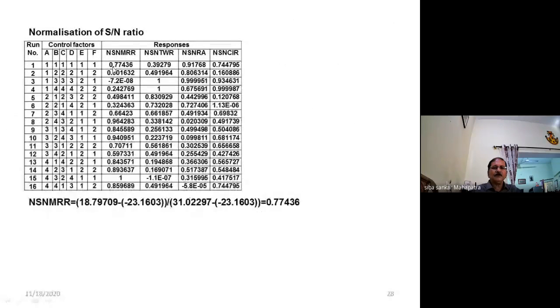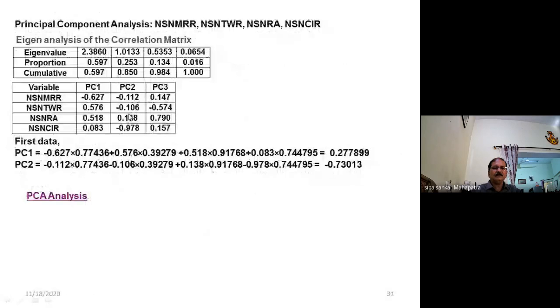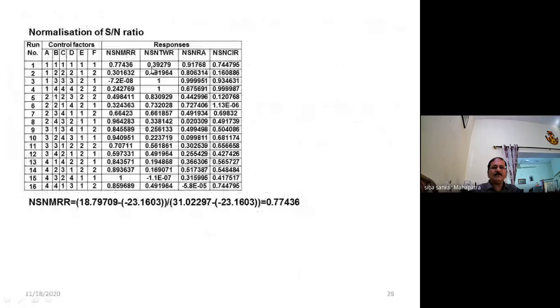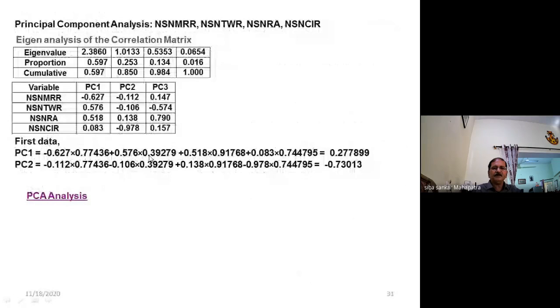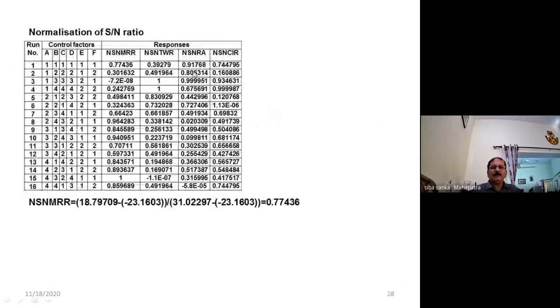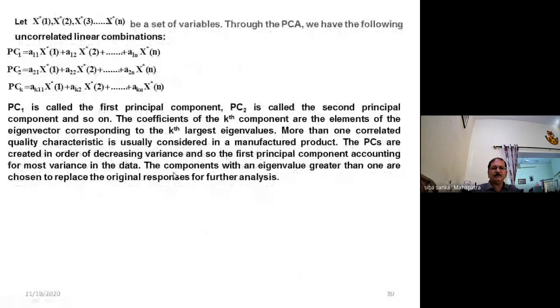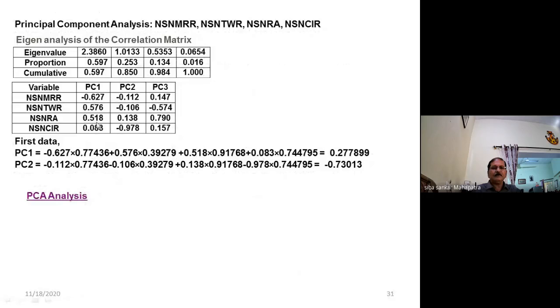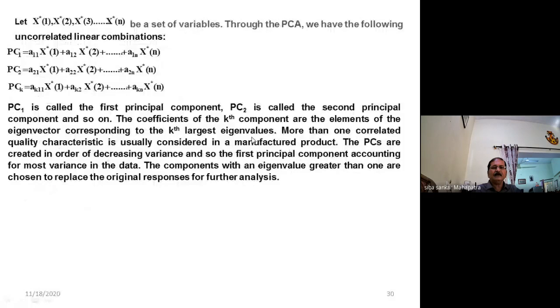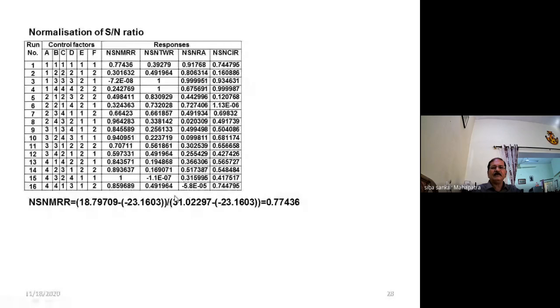So the first one is 0.77436. So for the first principal component PC1, for the first data, 0.627 multiplied by 0.77436, plus 0.576 multiplied by 0.39279, then 0.518 multiplied by 0.91768, then 0.083 multiplied by 0.74499795.